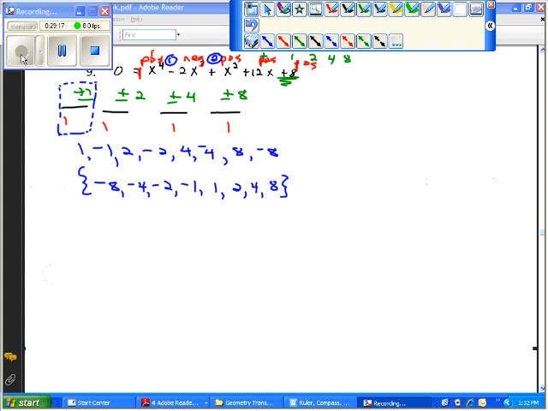It went from negative back to positive. There are 2 sign changes. It stayed positive the rest of the time. There are 2 sign changes, therefore there are 2 or 2 less than that, 0, possible positive real zeros or roots.